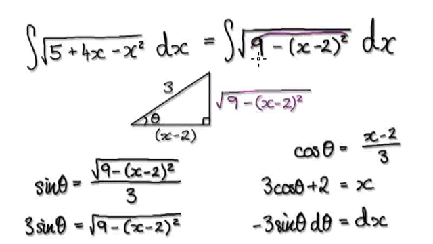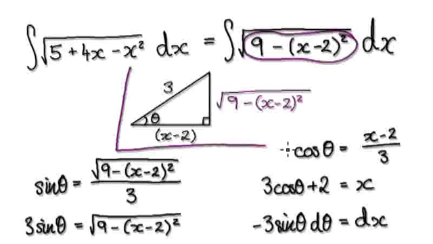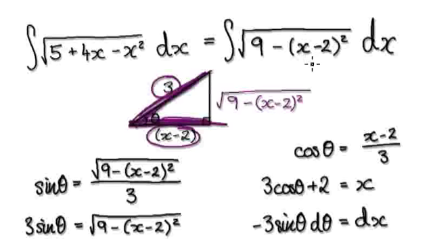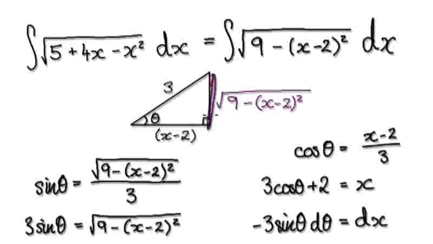So once it's in this form here, create a right angle triangle in such a way that this thing here is true. If you make the hypotenuse to be 3, if you make the adjacent to be x minus 2, then the opposite will have no choice but to be this thing here.